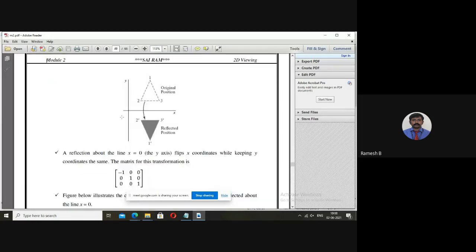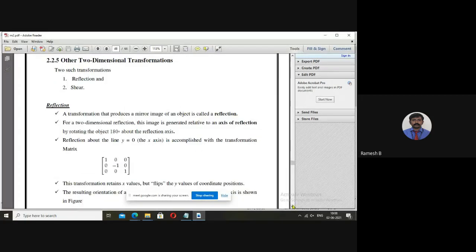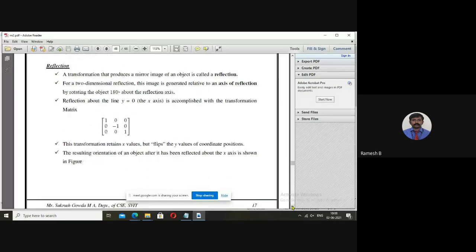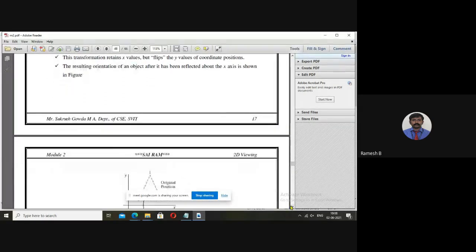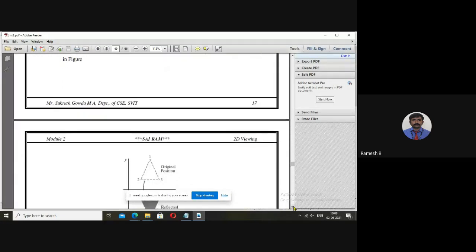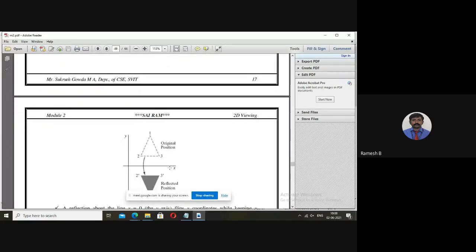Here we are considering x is equal to 0, that means we are doing reflection with respect to the x axis.